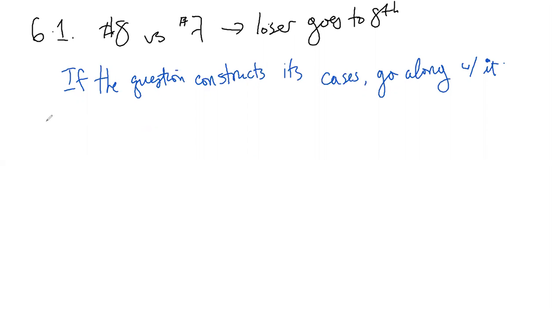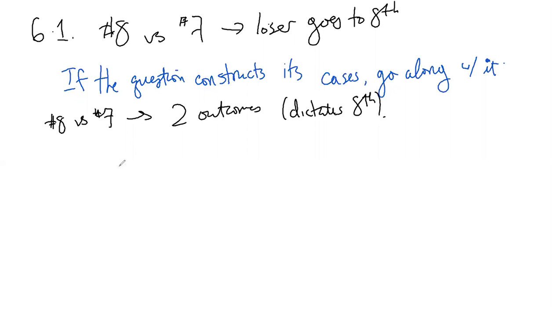So let's do that. Let's pit number 8 against number 7, okay? If we pit number 8 against number 7, how many outcomes can we get from this? Well, it's 2 outcomes. Either number 8 wins or number 7 wins, and this dictates who's in 8th. Whoever loses is 8th. And then the winner, it doesn't matter who, is now up against number 6.